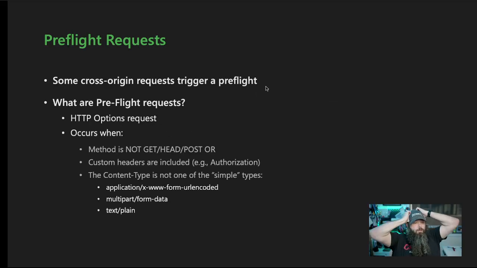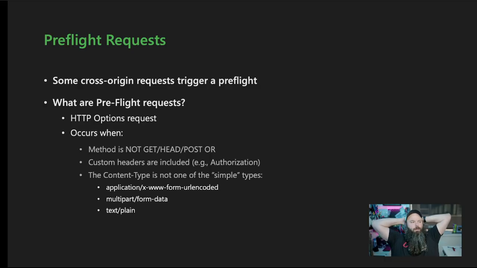Some types of cross-site origin requests trigger something called a preflight request. A preflight request is basically an HTTP OPTIONS request. It's sent if custom headers are included, for instance, authorization. It's sent if the method is not GET, HEAD, or POST.